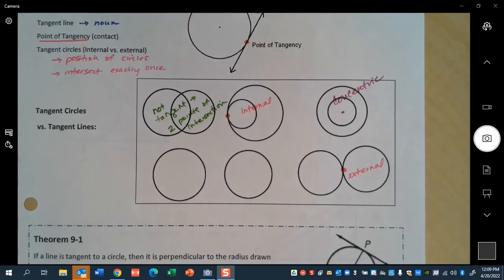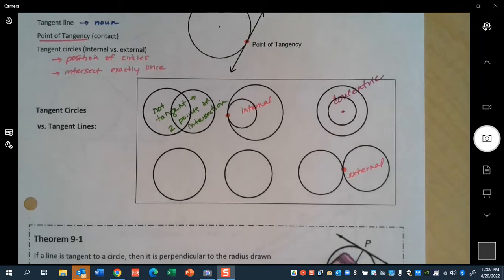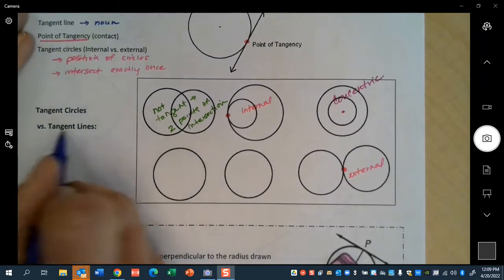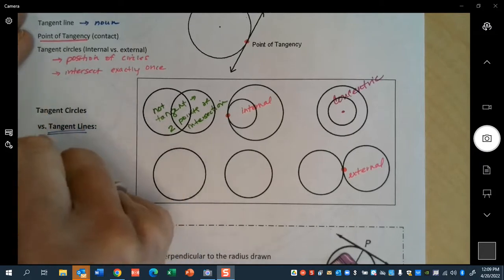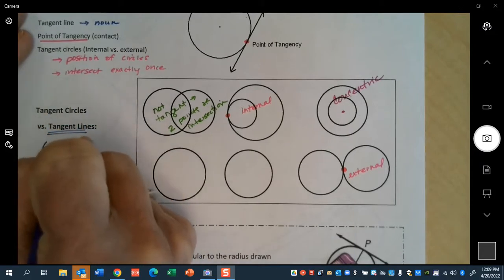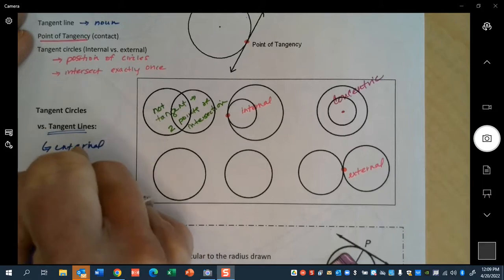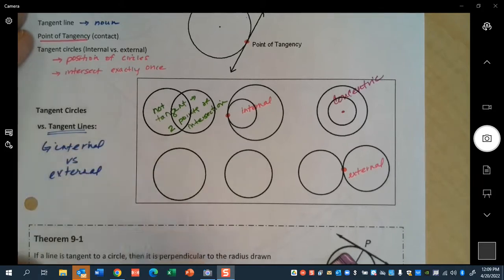But back to tangent lines, would you all please grab a straight edge out of your basket? Because now we get to talk about what these tangent lines are, because we can have internal versus externally tangent lines.